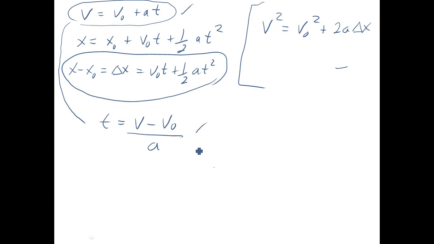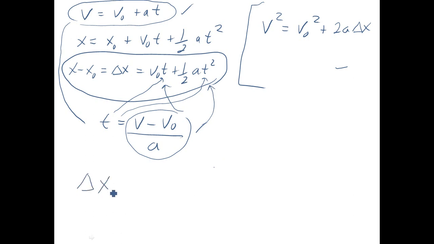If you want to have t all by itself on the left, notice there's t here, and there's t there. If you take this and put it in there, let me just write the first step you would have. And it looks a little crazy at first. Looks big.